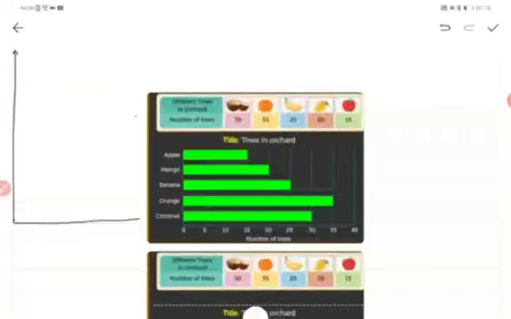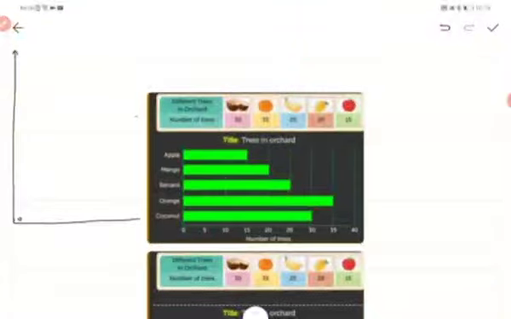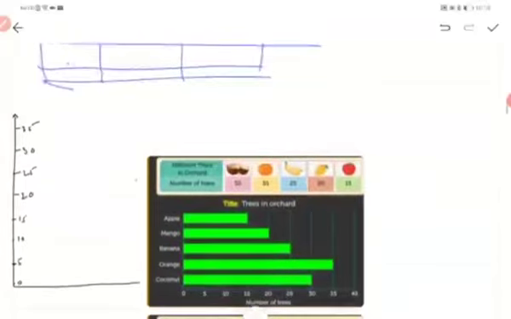On this I'm taking all my values as 0, 5, then 10, 15, 20, 25, 30, 35. Okay, let me take till 40. We don't have till 40 anyway. Alright, so now let me take this as 1 unit, it is 5.